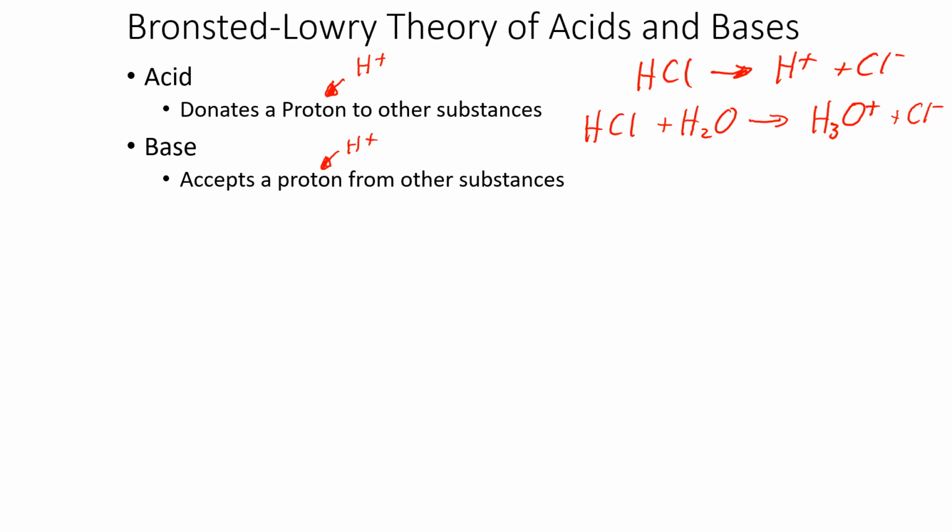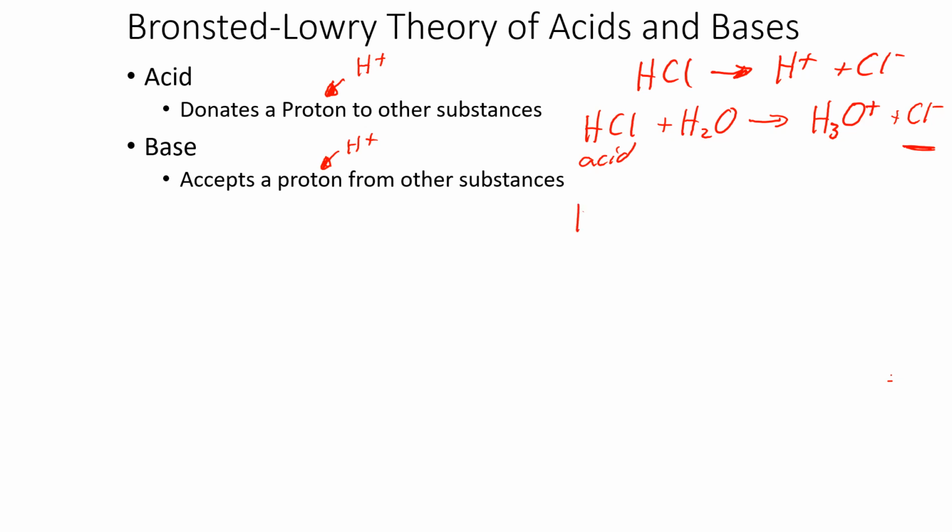So here was our acid. It started off as HCl. It donated an H plus, and since it loses an H plus, it turns into this Cl minus right here. So HCl is still an acid under this definition because it is a donator of hydrogen ions, or in other words, a donator of protons.